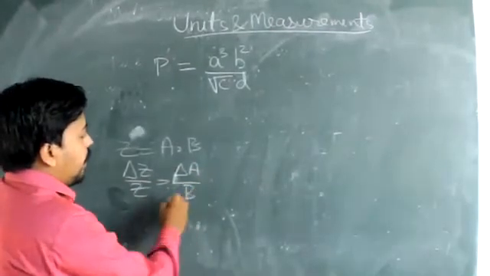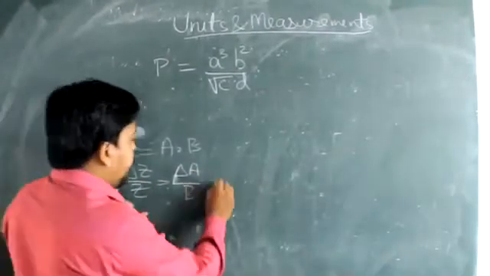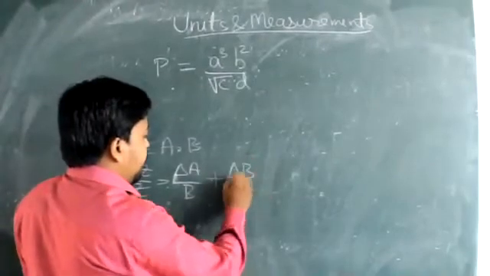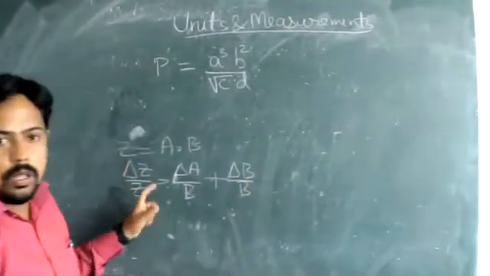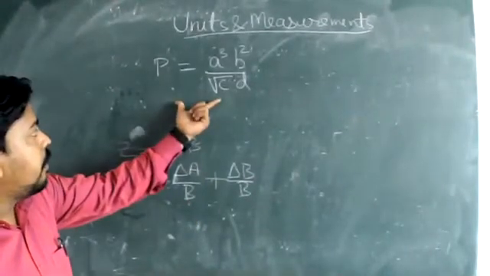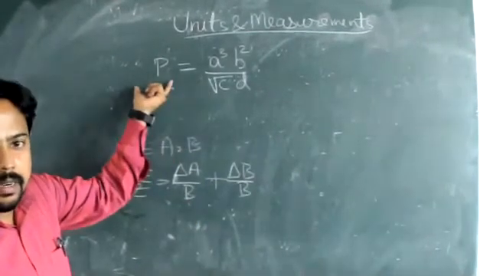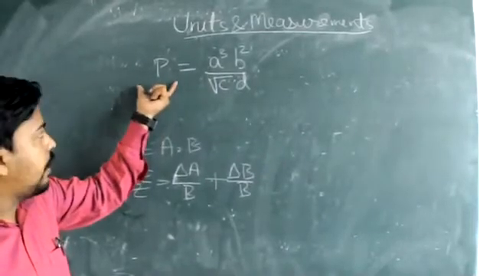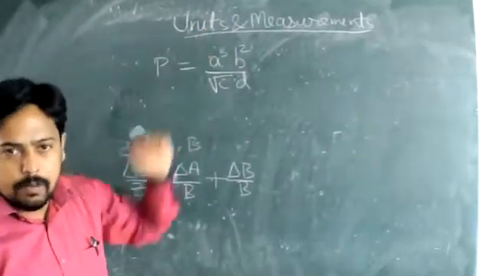This is the maximum error corresponding to Z that we got last time. Similarly, on this basis, we have derived the expression of fractional error for any physical quantity that has suitable powers.